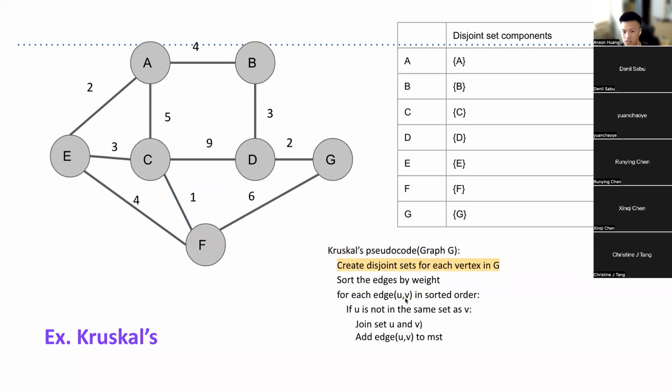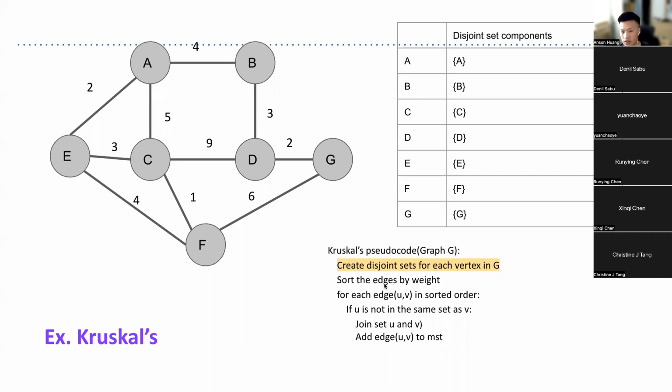And then for each edge UV in sorted order, if U is not in the same set as V, join set U and V. Add edge UV to MST. So what the heck does that even mean? That just means that if 2 of these nodes are not in the same set, then just add them to the same set.